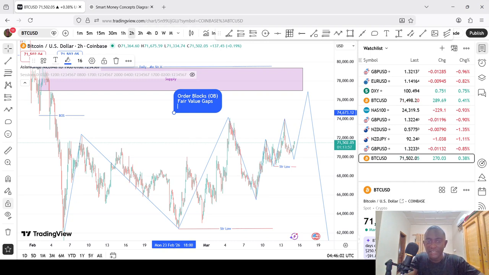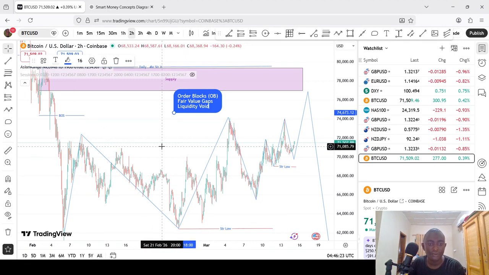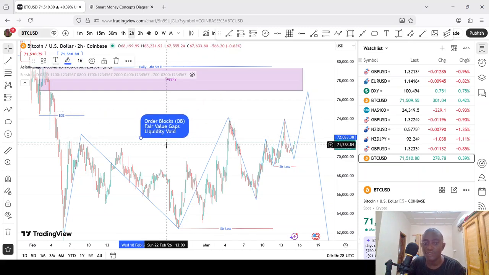That would be liquidity pool. You get it? So we have this liquidity pool, or the word is liquidity void. Okay. All right. So at the end of the video, we just have to know this.